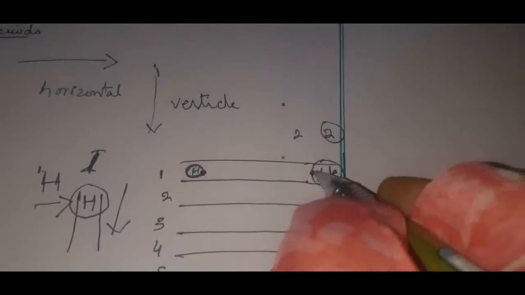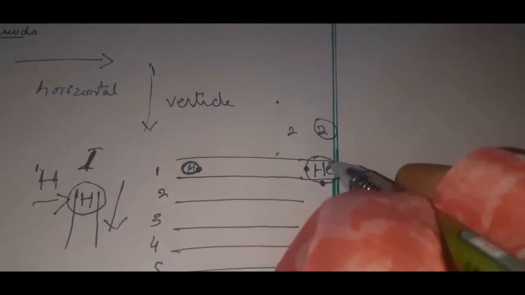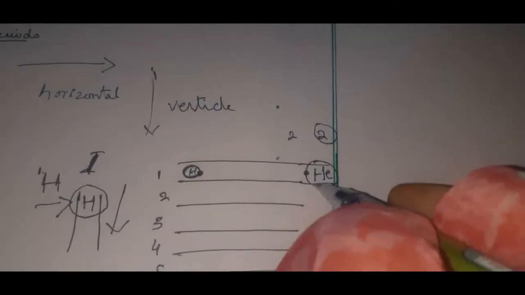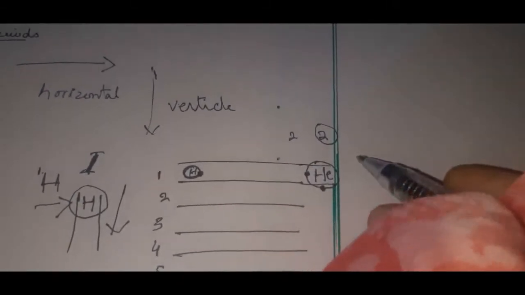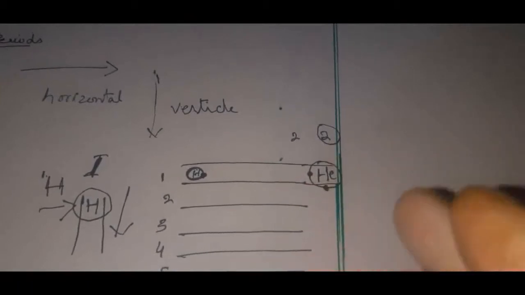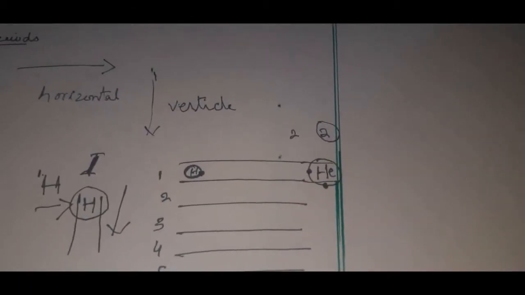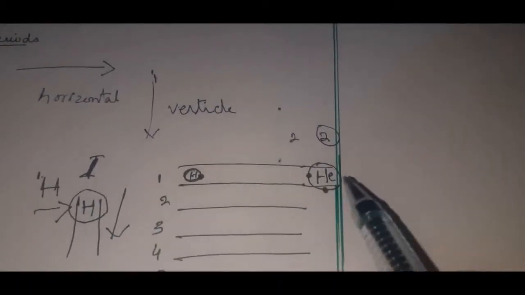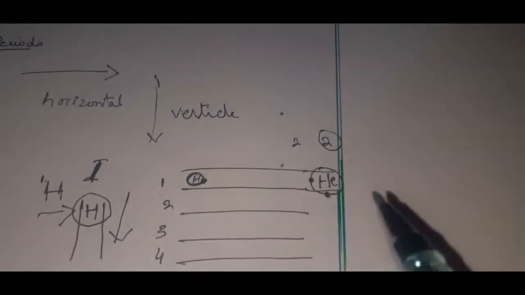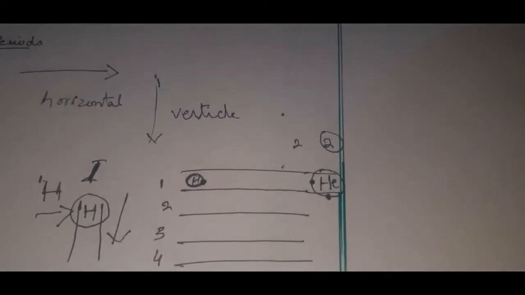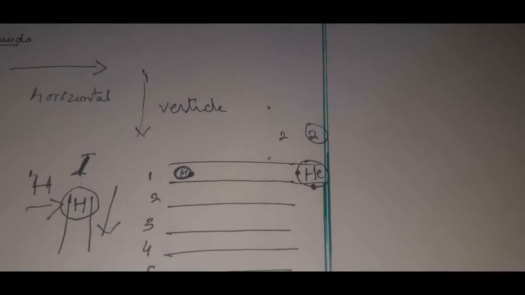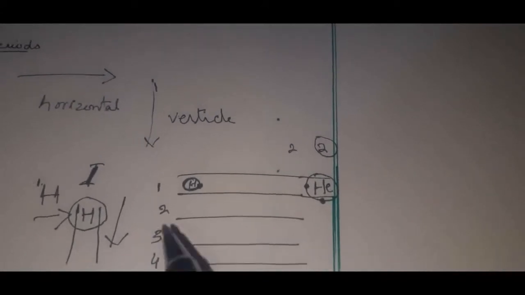So these 2 electrons can be accommodated in its first shell and hence it doesn't need any other shell. If you look here, don't look at the size. I have drawn the size a bit wrong because helium is small as compared to hydrogen, and we will discuss it in our later lectures, right?